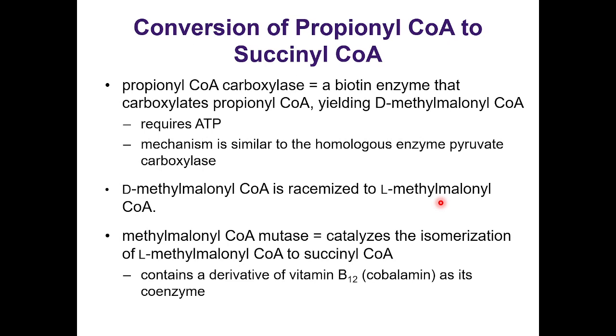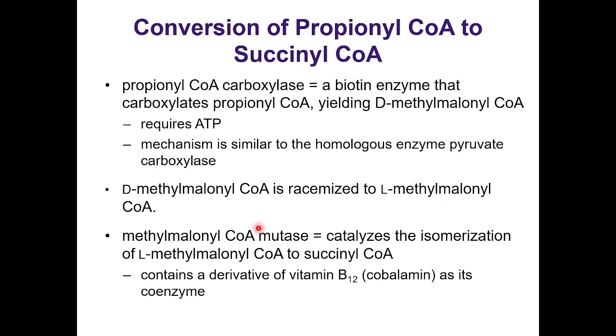Your propenyl-CoA carboxylase can be a biotin enzyme that carboxylates your propenyl-CoA. This will yield your D-methyl-malonyl-CoA. This step actually does require ATP. The mechanism is similar to the homologous enzyme pyruvate carboxylase. Your D-methyl-malonyl-CoA is racemized to the L-methyl-malonyl-CoA.